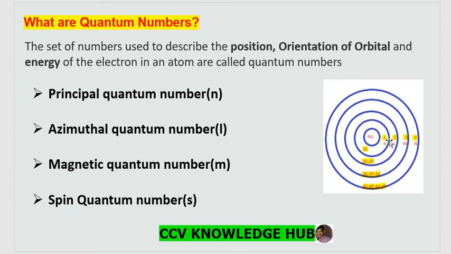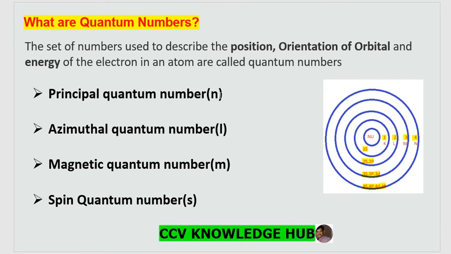According to Bohr's model, they are indicated as 1, 2, 3, 4 or K, L, M, N. In the first orbit we have 1s orbital, in the second orbit we have 2s and 2p orbitals, in the third orbit we have 3s, 3p, 3d orbitals, and in the fourth we have 4s, 4p, 4d and 4f orbitals.